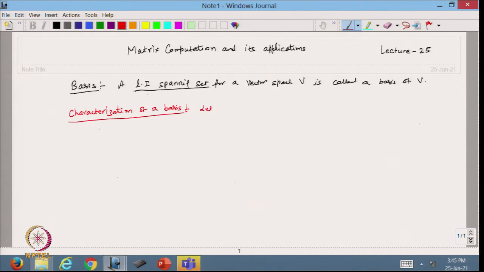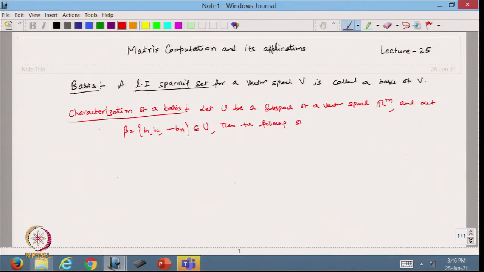Now, suppose let U be a subspace of a vector space, say Rm, and let me take a set beta that contains the elements B1, B2 up to Bm, and they belong to the subspace U. Then the following statements are equivalent.